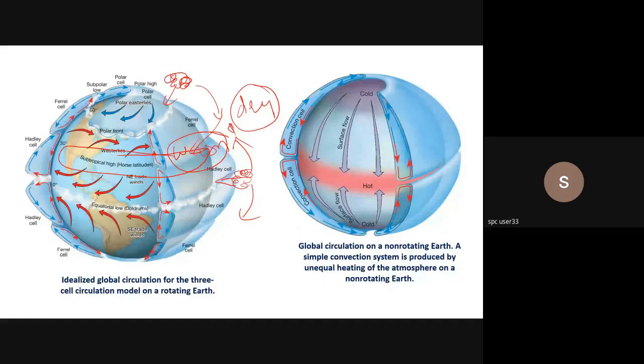Low pressure belts are known to be areas which have rainfall. And in fact, the largest of the deserts of the world are found along these mid-latitude high pressure belts. That's basically because of lack of water in this particular area.